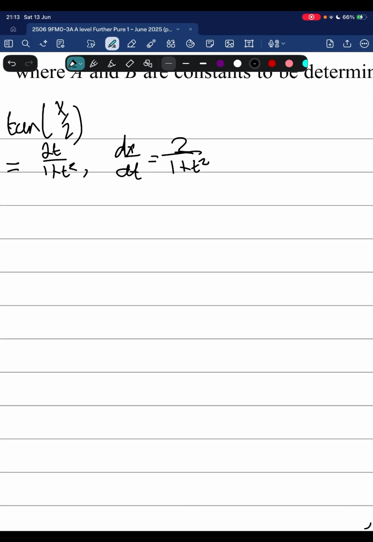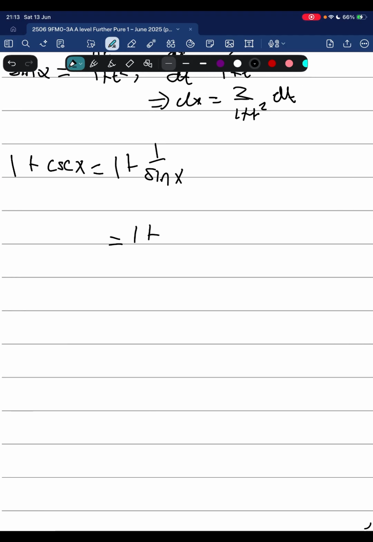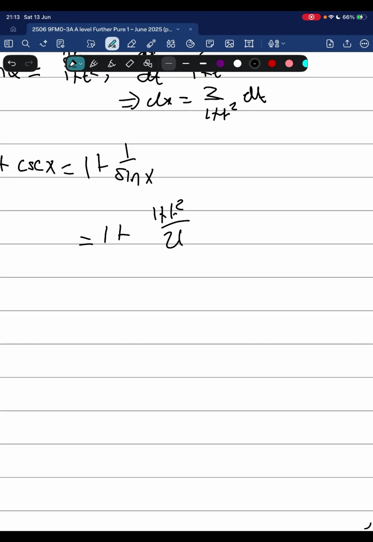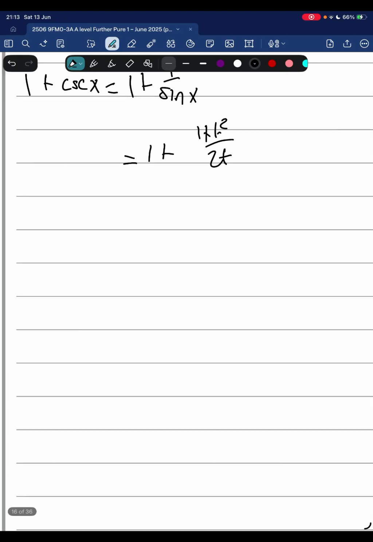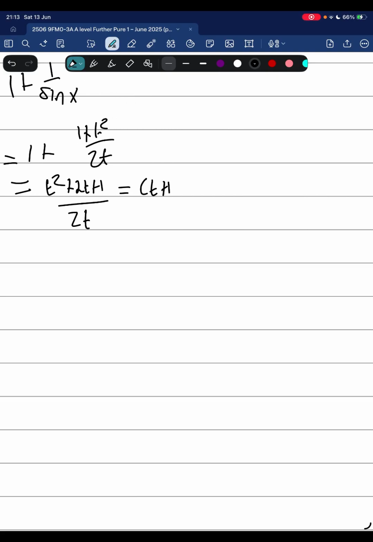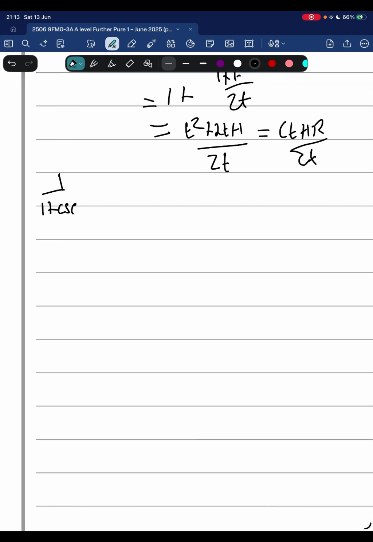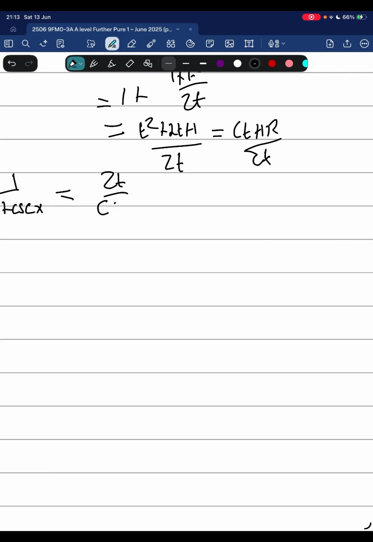Okay, so this tells us that dx equals 2 over 1 plus t squared dt, and now 1 plus cosec x equals 1 plus 1 over sine x equals 1 plus t squared over 2t. So that's going to be t squared plus 2t plus 1 over 2t, and that's going to be (t plus 1) squared over 2t. So 1 over 1 plus cosec x is 2t over (1 plus t) squared.